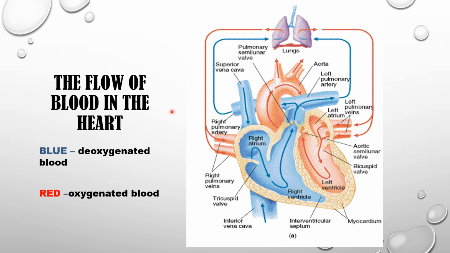And once the blood that carries the oxygen was delivered in the different parts of the body, the deoxygenated blood will go back to the heart to pump it back to the lungs.